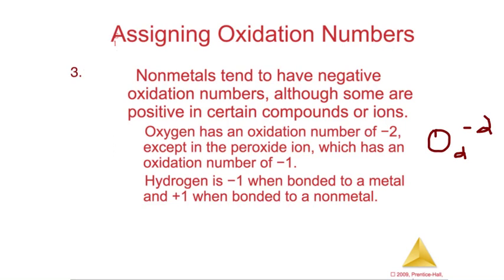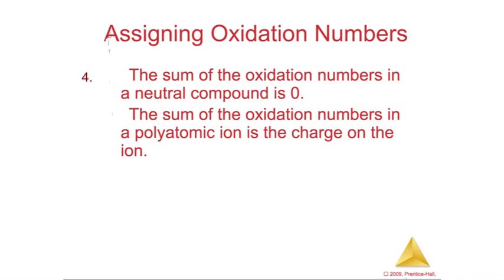Hydrogen forms an ion with a +1 charge, and typically hydrogen is going to have a +1 oxidation number as well, unless it is in a metal hydride. When it's bonded to a metal, in that case the hydrogen will have an oxidation number of -1.